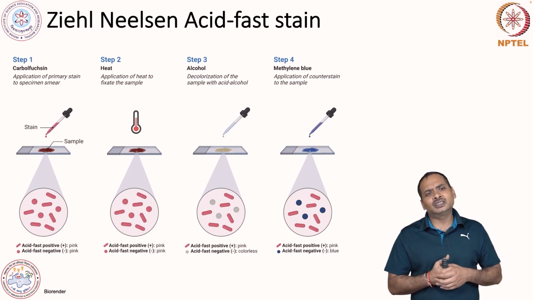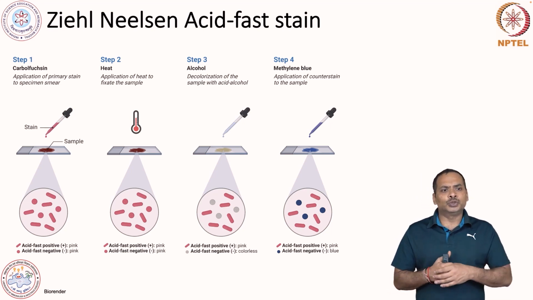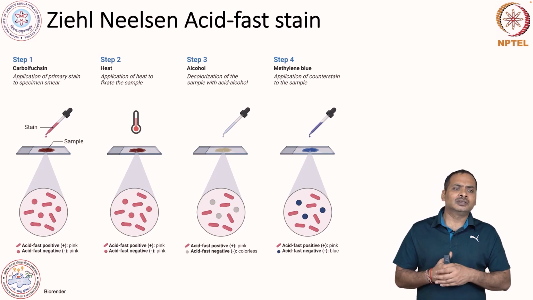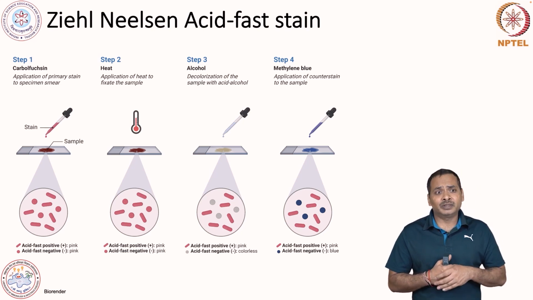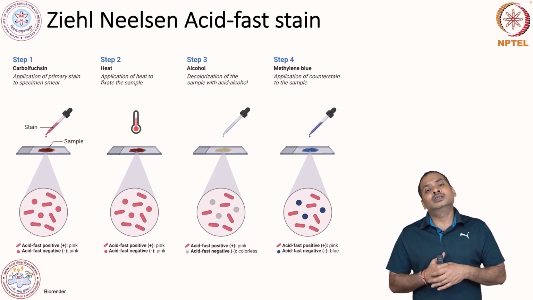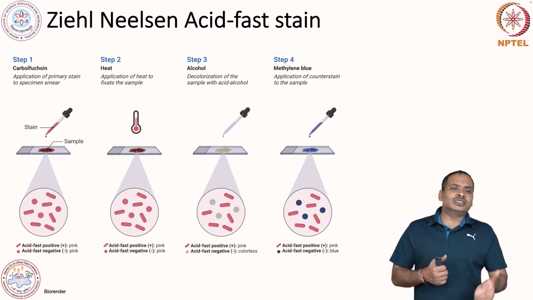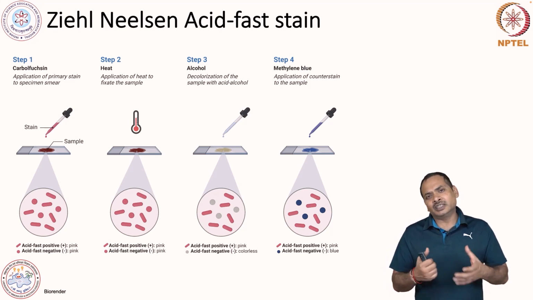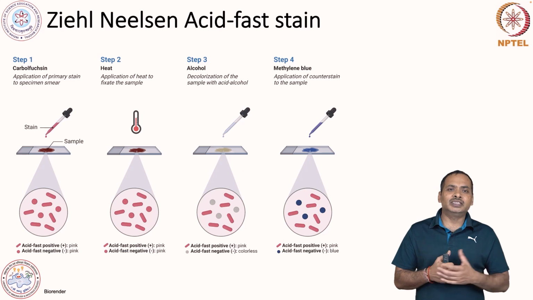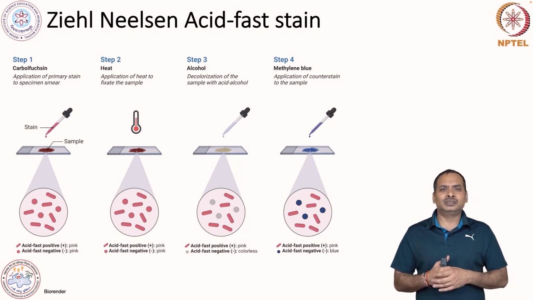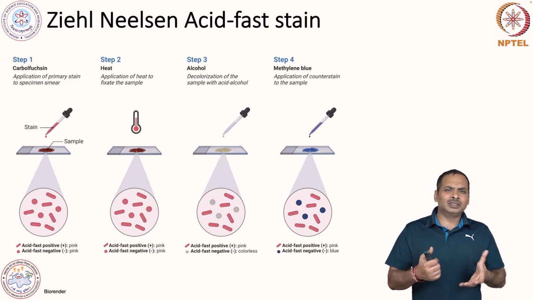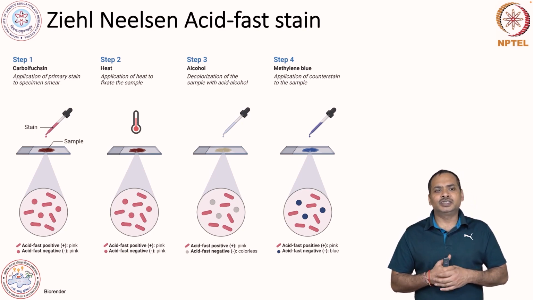Here you can see carbol fuchsin, which is the application of the primary stain to the specimen smear. After that, the sample is fixed by simple heating. You put it over the flame, not too close, just applying heat to fix the sample.